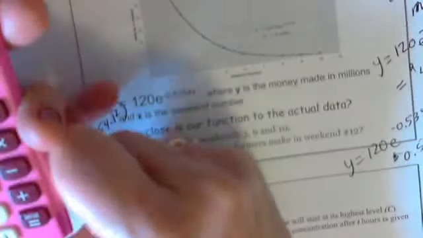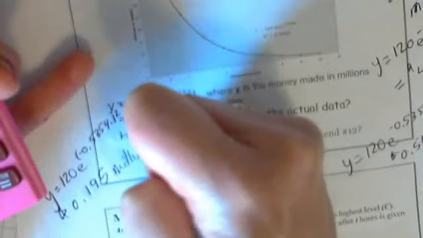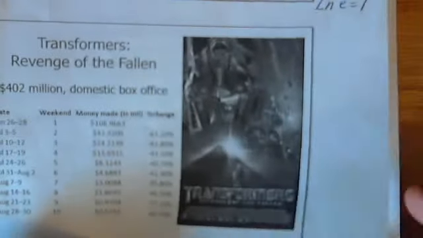Close my parentheses, and I get about $0.195 million, so about $195,000 in week 12. That seems reasonable, since this weekend it was about $575,000. The next weekend it would be maybe half that or less, and so on. So exponential functions are really cool because you can model real-world things with them and make predictions.